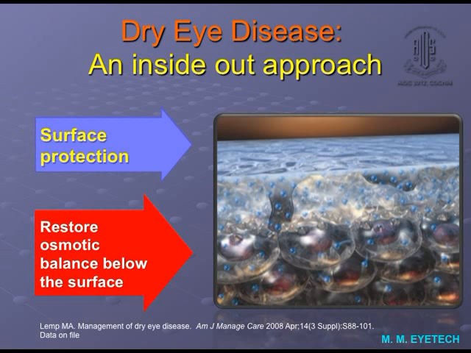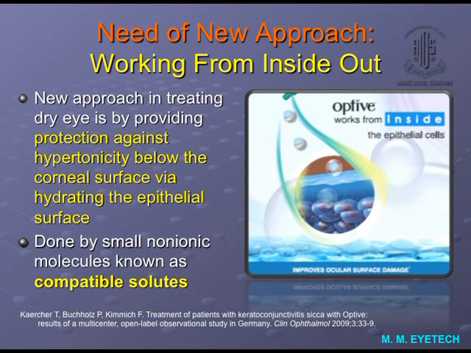Unfortunately, the corneal epithelium does not have this capacity or ability to import compatible solutes. So it tends to become dehydrated and lose osmotic balance. So if there is a mechanism that can protect the surface as well as restore the osmotic balance below the surface, that would prove to be more useful in this hyperosmolar state.